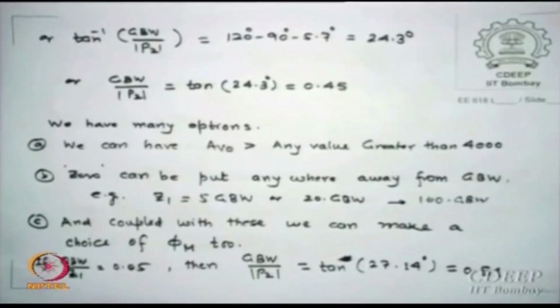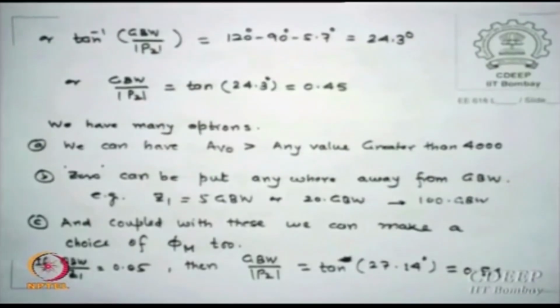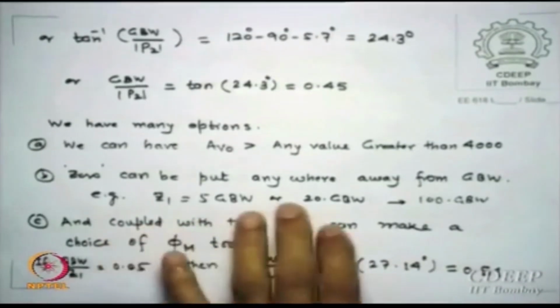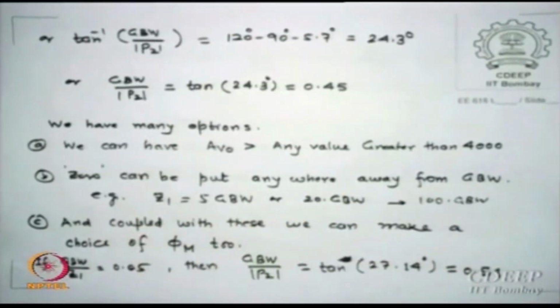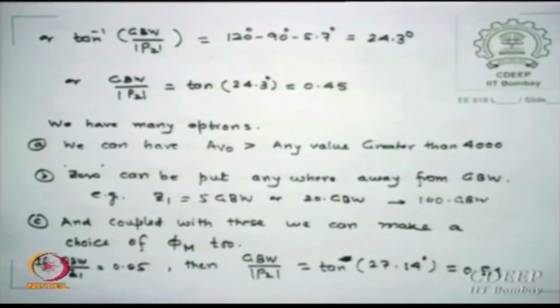I have 3 values of phi m: 50, 60 and 70. So I have 3 values of this, and let us say I choose 5 Z1 values. So I have a table of 15. I have 5 Z1 values, 3 phi m values, and then I can calculate this P2 for any one of them. Is that clear to you? What is the technique I am following?